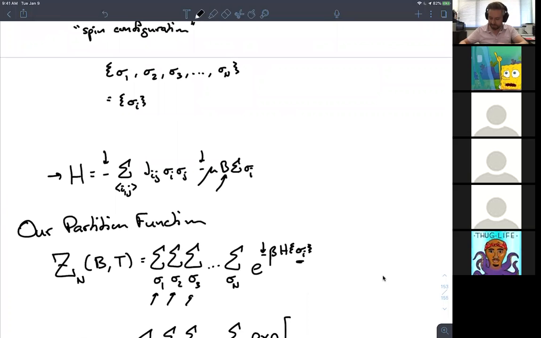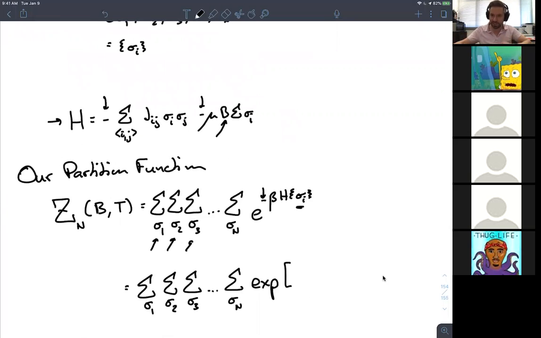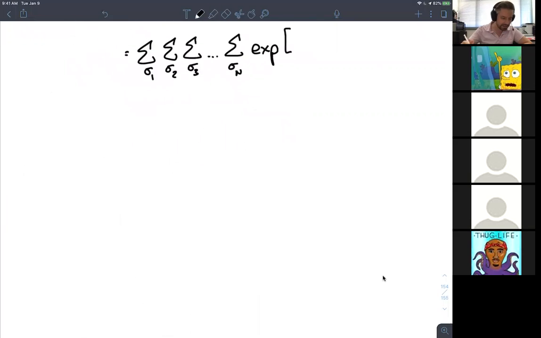So when I distribute this minus sign from the weight in, everything comes out to be positive. And so I get exponential of beta sum over nearest neighbors J_ij sigma_i sigma_j plus beta mu B. Oh, that's going to get confusing, isn't it? Sum over all spins there. So that is our partition function. Okay, so it looks kind of like a mess.